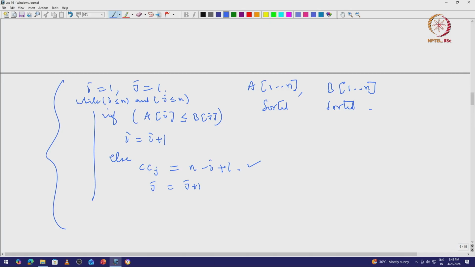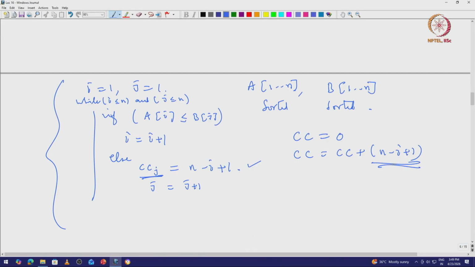You can have a step like cross count equals 0, cross count equals cross count plus n minus I plus 1, that is the Cj's you can keep adding. If this is the case, I equals I plus 1, else, so one of the sequences should be over. Whichever sequence is over earlier, you can stop with that process.